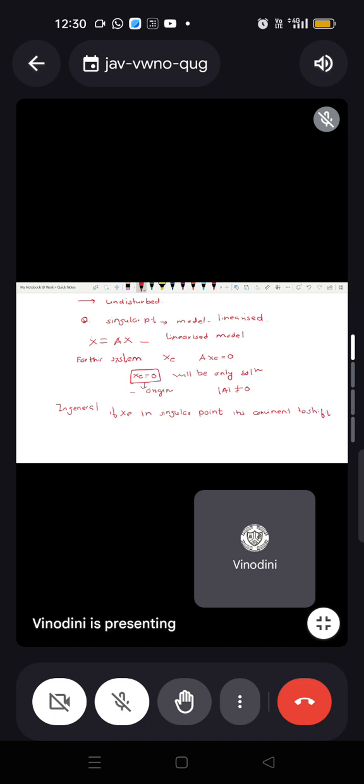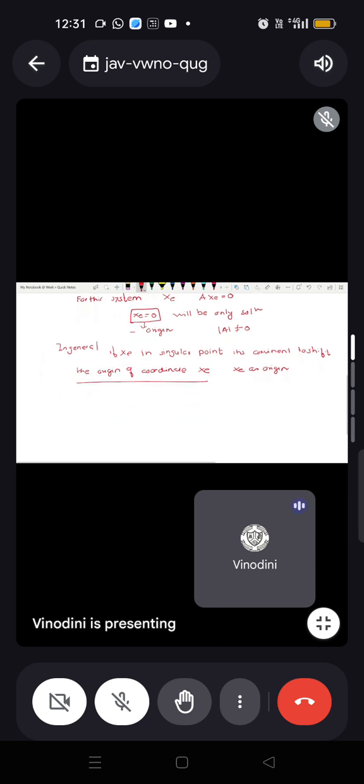We can shift Xe towards the origin. It is convenient to shift the origin of coordinates X, which means you can make Xe the origin. You can shift the coordinates.